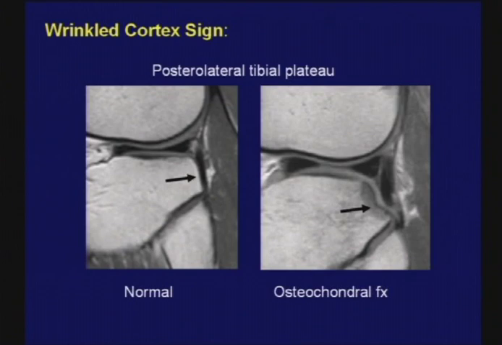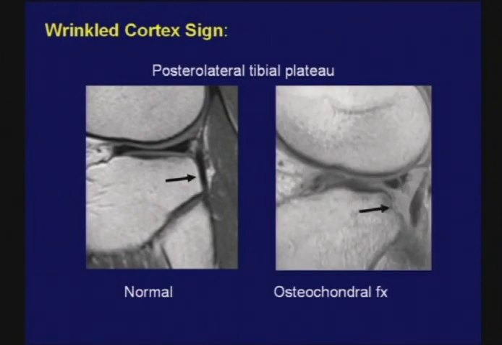Here's an example of what we would call an osteochondral fracture involving the posterior aspect of the lateral tibial plateau. Here's another example. Patient had lateral meniscal pathology as well. So in any case, we mention it, we call it a fracture. Does it have any clinical significance? Probably not.